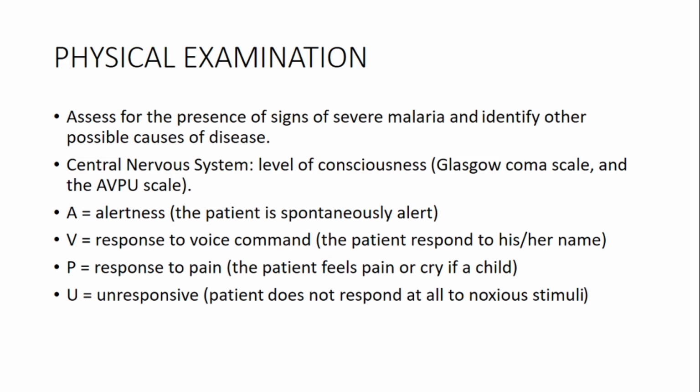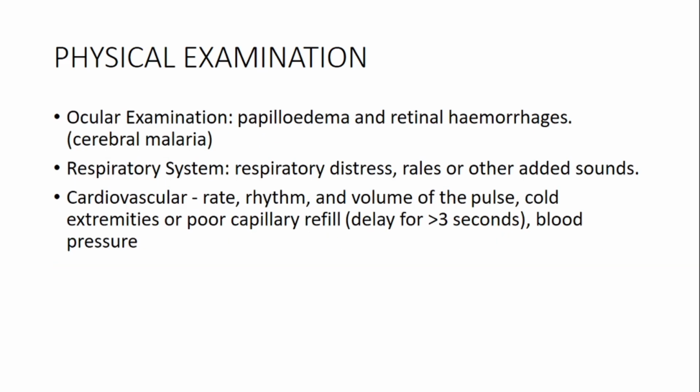And this would also help to triage the patients and know what level of care this patient will need. Some of the other things that could be found include papilledema and retinal hemorrhages, which are also associated with cerebral malaria. The respiratory system must be assessed, as complications such as acute pulmonary edema or even metabolic acidosis might present with respiratory distress in this patient.